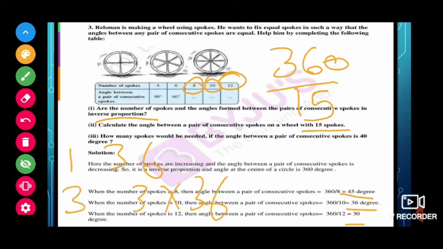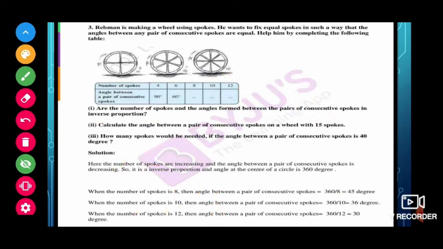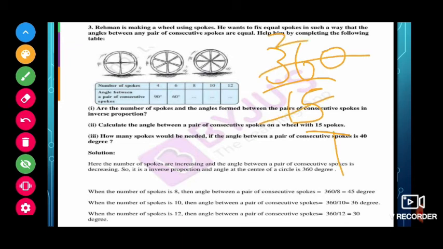In inverse proportion you are doing division, isn't it? Just keep it in your mind. So with 15 spokes, it is 360 by 15. 15 twos are 30, so 15 fours are 60. So the angle is 24 degrees.